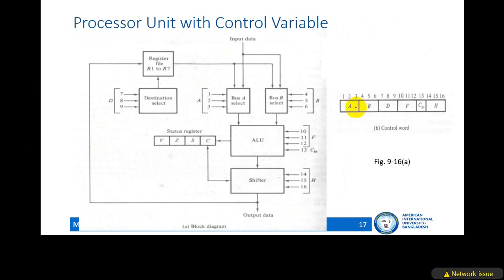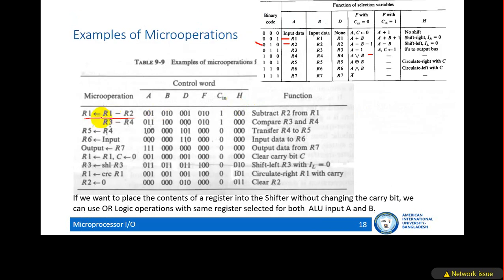So what is word A? These 3 selection pins 1, 2, 3 will select the word A. In our case, word A is R1. So what is the selection bit for R1? Our selection bit is 0, 0, 1. So we write 0, 0, 1.